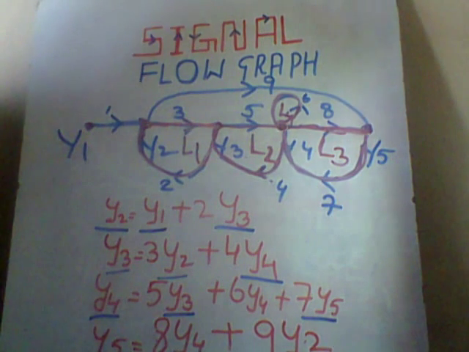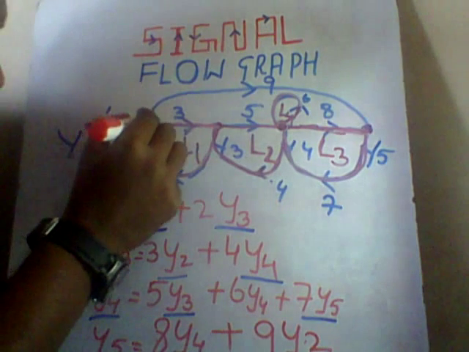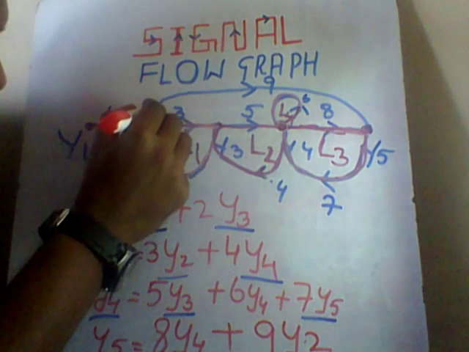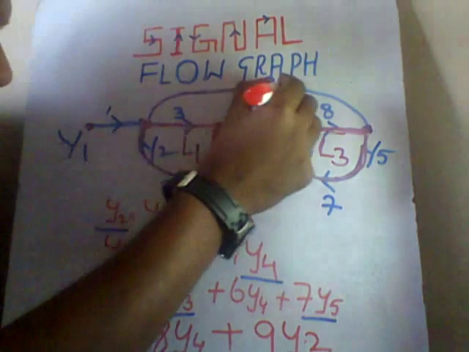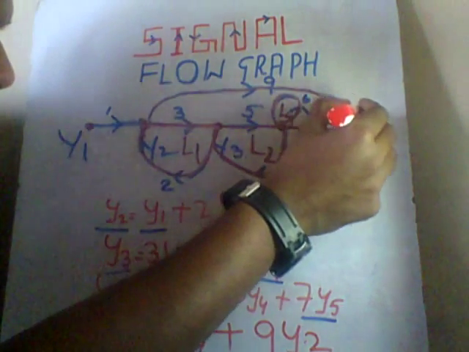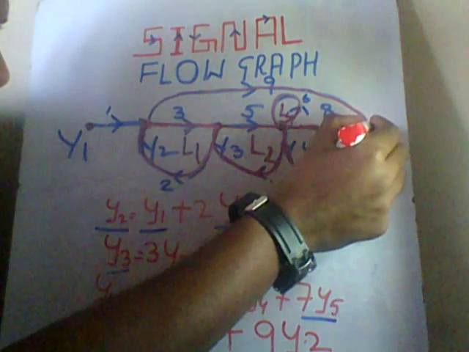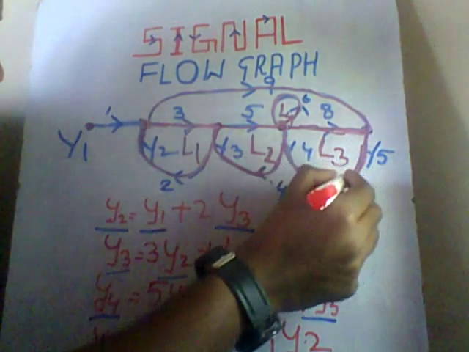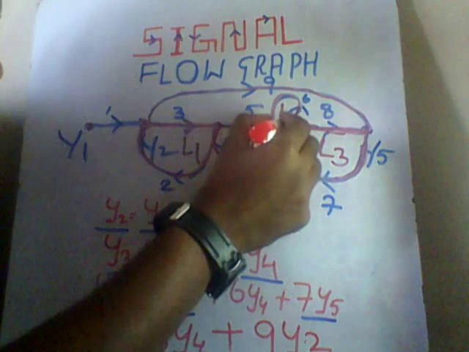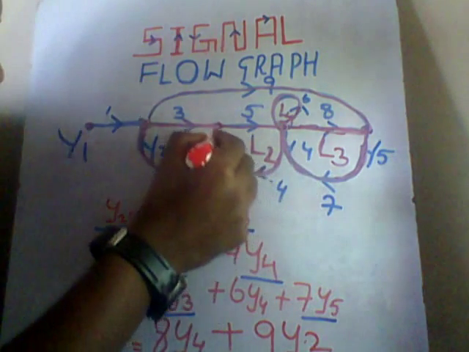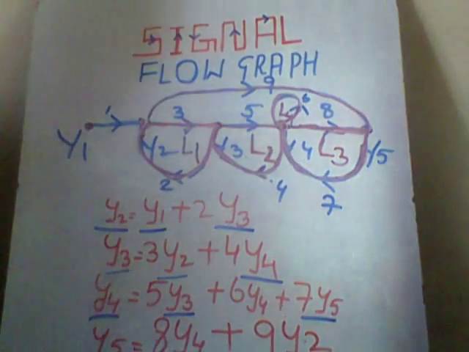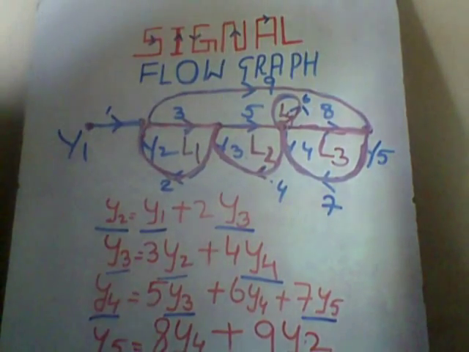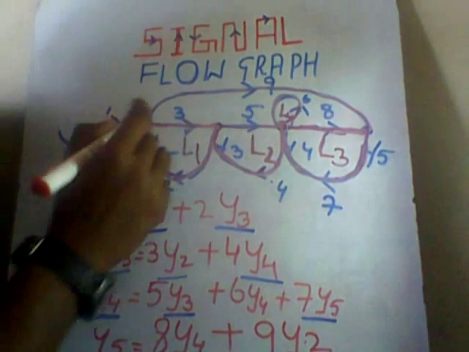See, there is another loop. This is one node. It starts here, it travels, and it comes here, and it travels in this path, and again it touches the node. I hope you got it.